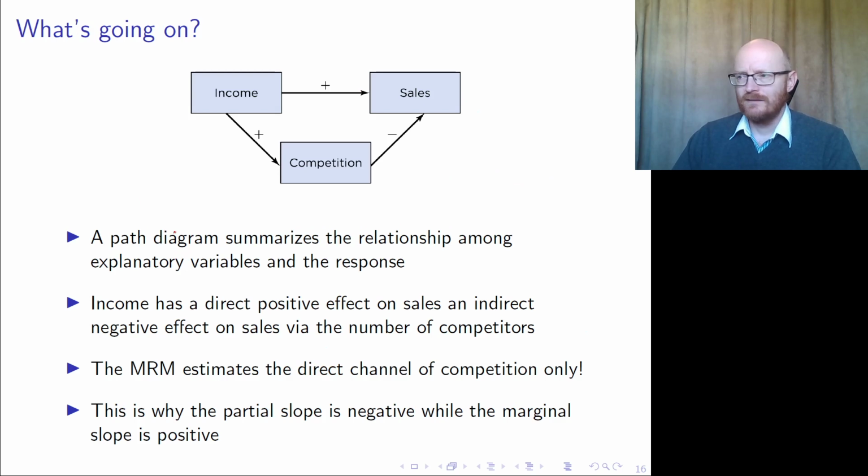what's going on? Okay, because if you look at income, then increased income increases sales. So you have like a beta 1. If this is x1, this competition is x2, sales would be y. If income increases, then sales would increase.